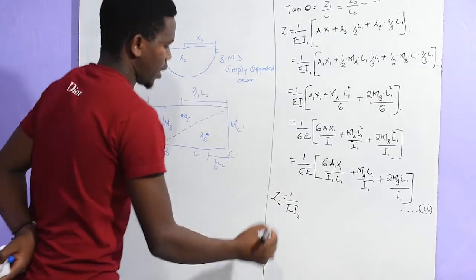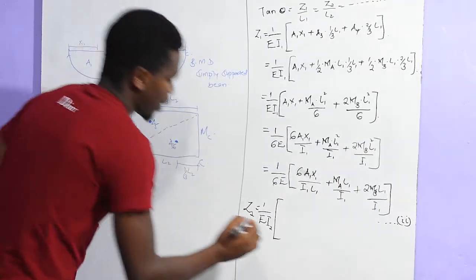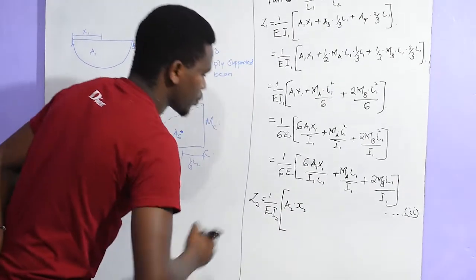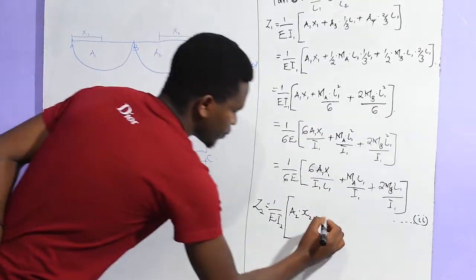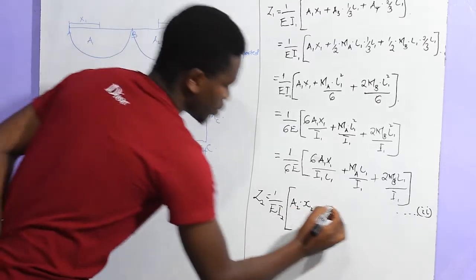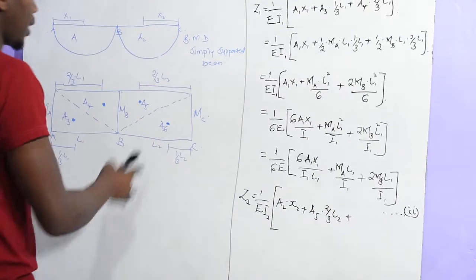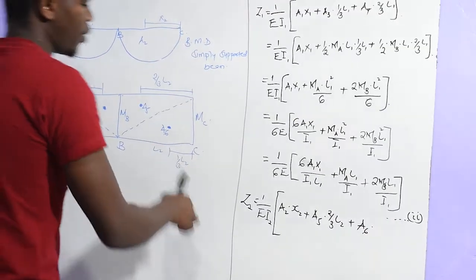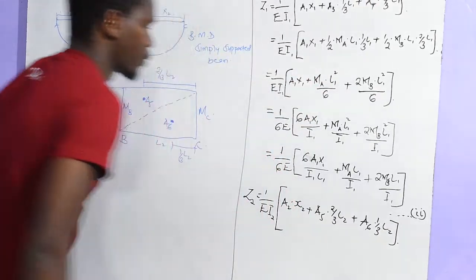Remember this, our I2, we open the bracket: area 2 multiplied by X2, you add area 5 multiplied by 2/3 of L2, plus area 6 multiplied by 1/3 of L2. Like so.